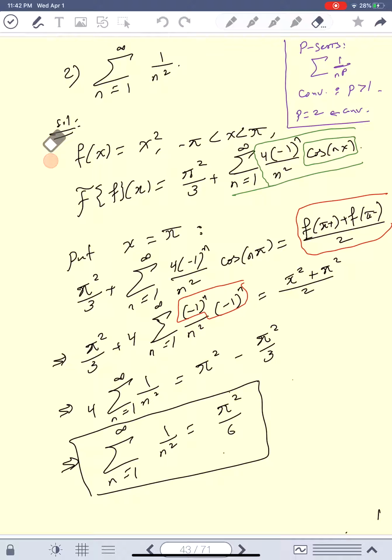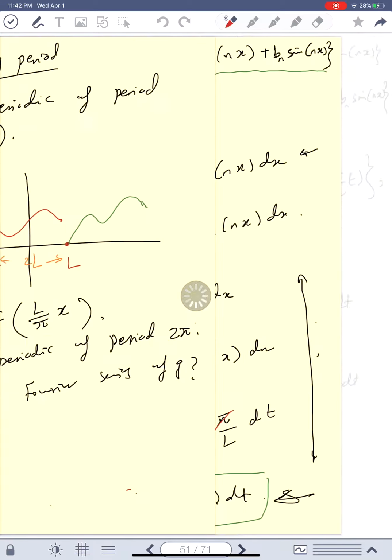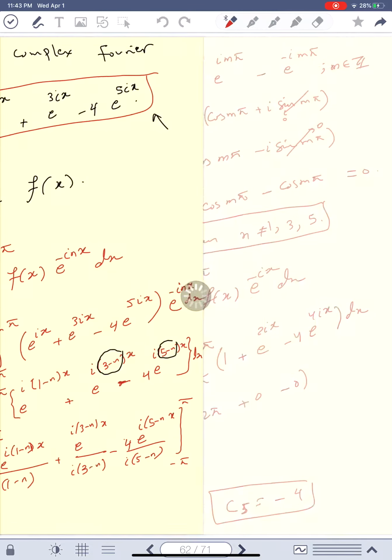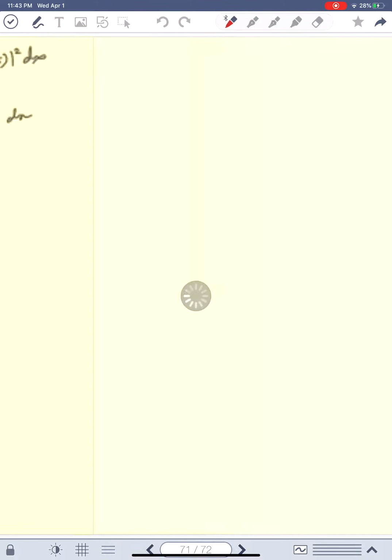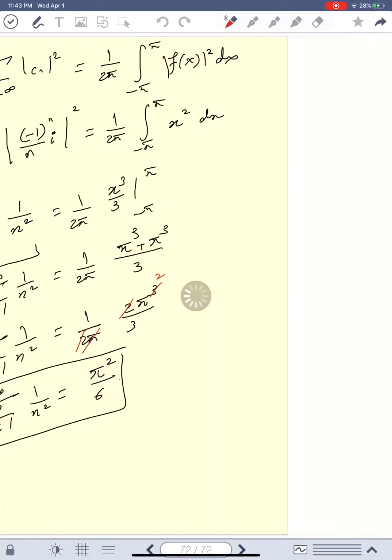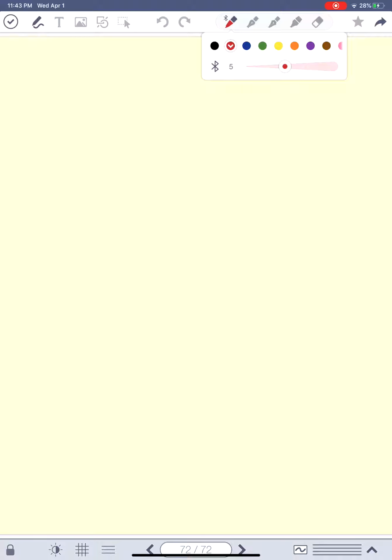Now what we are saying in the new example today is, don't use Dirichlet like before, use Parseval's identity, and you get the same sum. So I'm going to write just a little remark.